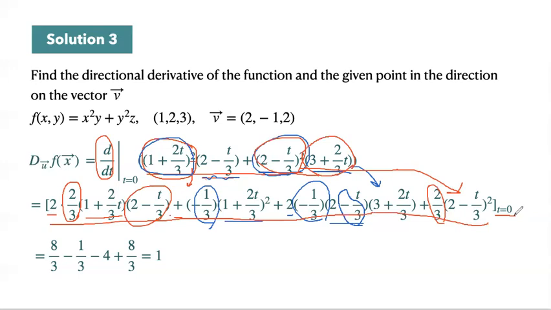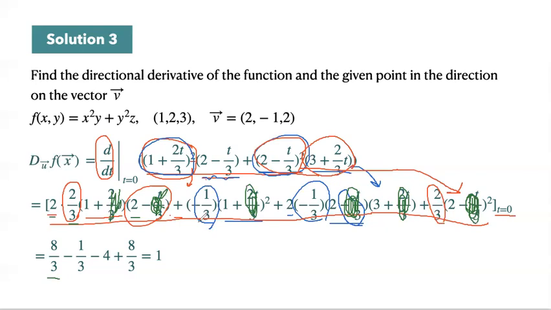Okay, so I differentiate the function with respect to t here, and what we want to do is put t equal to 0. If we put t equal to 0, then this one must be deleted, this one must be deleted, and this one also must be deleted. Then we get 2 times 2/3 times 2, so it'll be 8/3, okay?